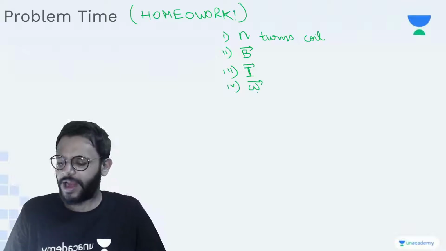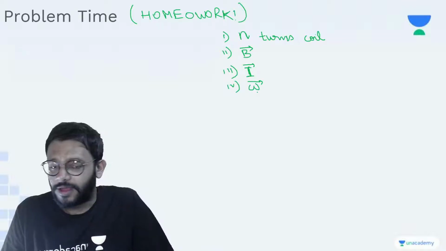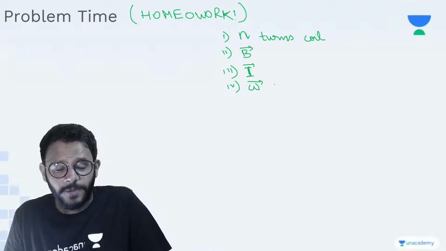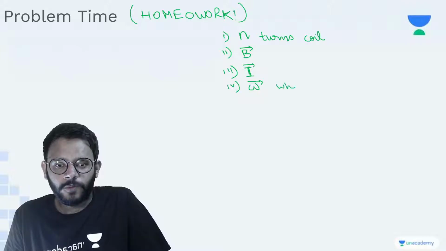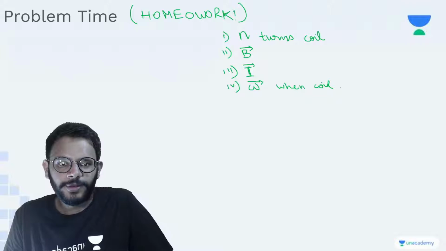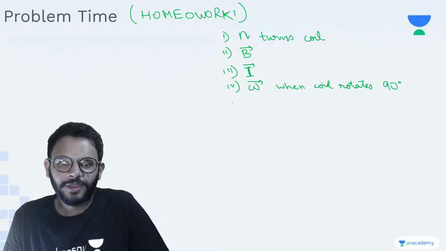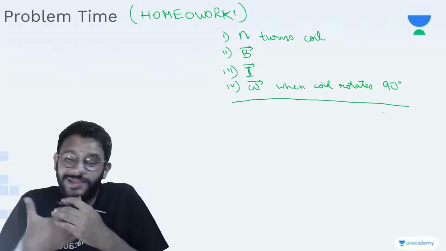This is a problem right from your NCERT textbooks. And what is the angular speed omega when the coil rotates 90 degrees?